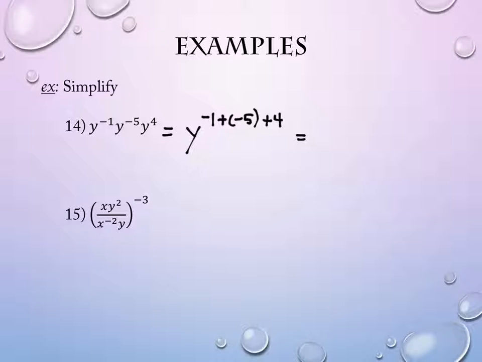This is why we talked about integers early on in this semester, right? I need to add all those numbers together. So it is -1 plus -5 plus 4. It's -2, so this is y to the -2. We're not going to leave negative exponents, so put it in the denominator: 1 over y squared.